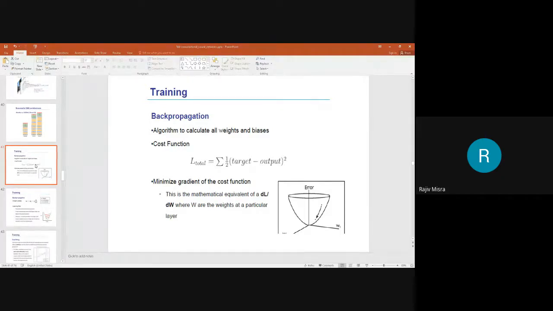So I'm not going into more detail about the training. The training process requires backpropagation. So far I have discussed forward propagation. Backpropagation says that this model predicts the target, and we check how this prediction is different from the actual image of an object.